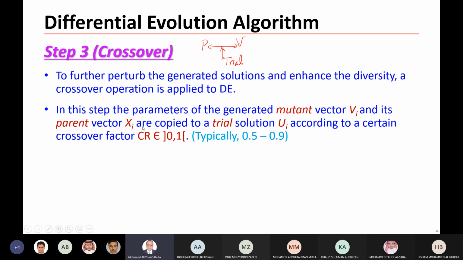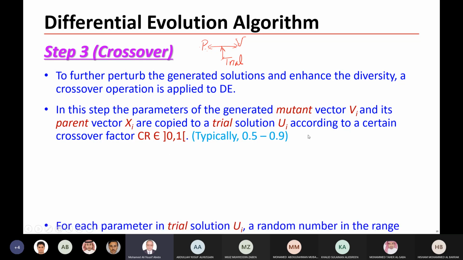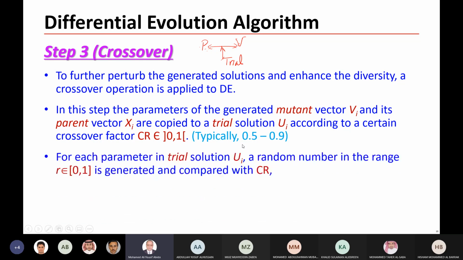So you have Vi and Xi, where Xi is the parent, and then you create the trial solution with the crossover factor equal to some value from 0.5 to 0.9. If you create a random number and it is greater than the crossover factor, then you take from the parent, or the opposite way, it doesn't matter.